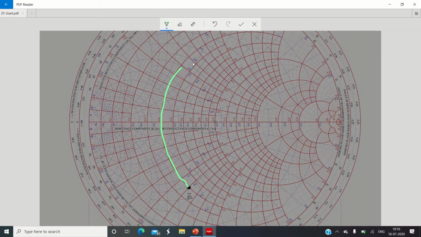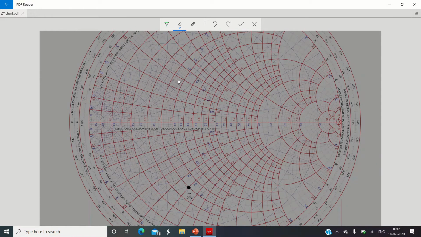I will show you the accurate method to plot the constant resistance circle completely for the given path. In order to do that, we require a compass. We need to trace a constant resistance circle which is passing through 0.4, or ZL bar.